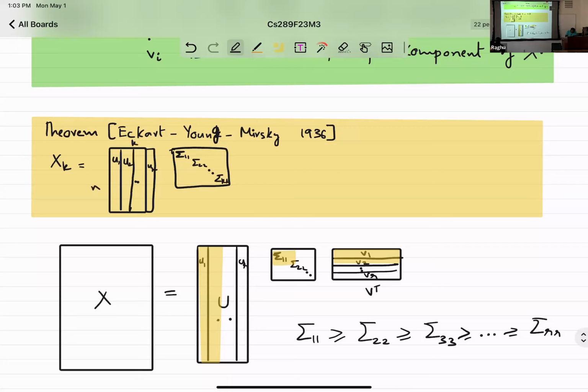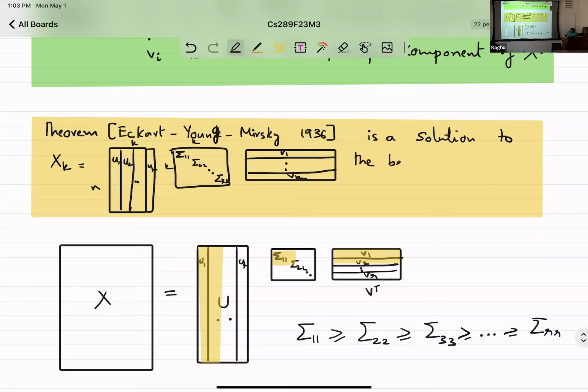So this is an n by k matrix, a k by k matrix, and then V1, and so on up to Vk. This is a solution to the best rank k approximation.